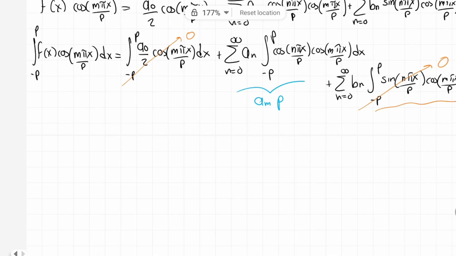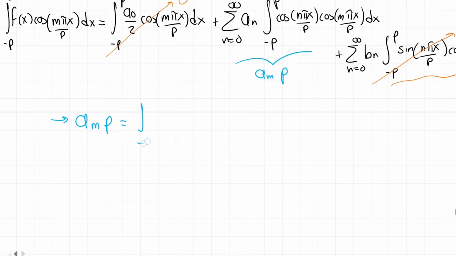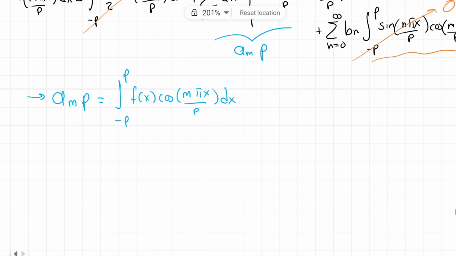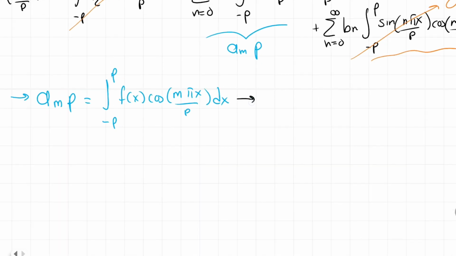Okay, so we have that a sub m p is equal to the integral from negative p to p of f of x cosine of m pi x over p dx. In general, we use the n to define this equation, but that is not a problem.